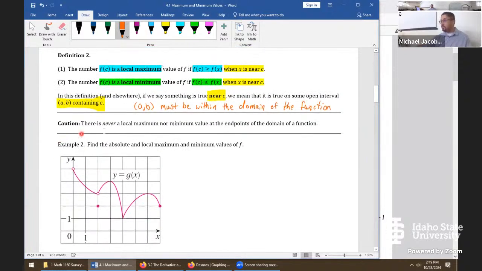Because when you say nearby c, you put an open interval centered around c, and because that interval has to be within the domain of the function, the consequence of all these definitions is that there is never a local maximum nor minimum value at the endpoints of the domain of a function.